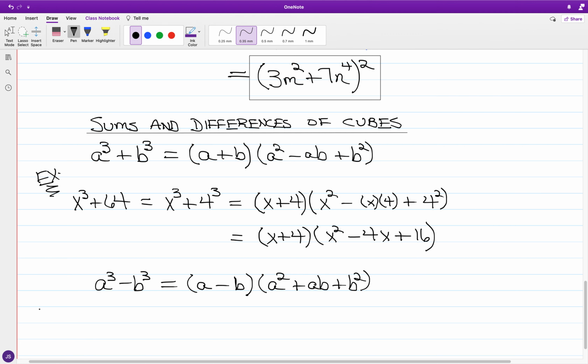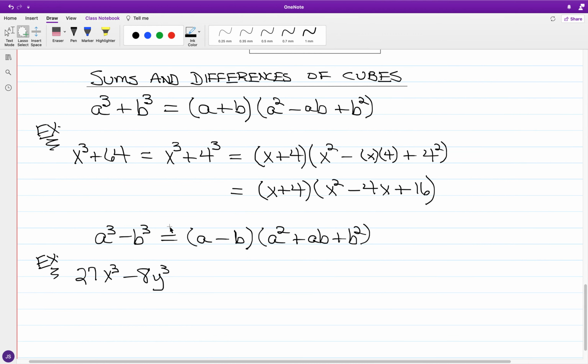And we can take, as an example, we'll say we have 27x cubed minus 8y cubed. Now in terms of rewriting, 27x cubed is a perfect cube.